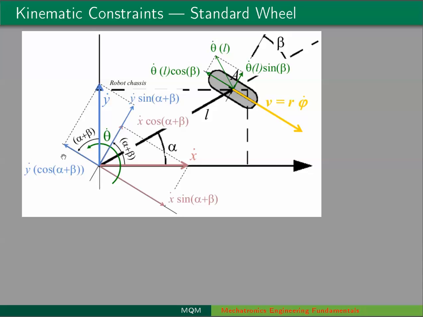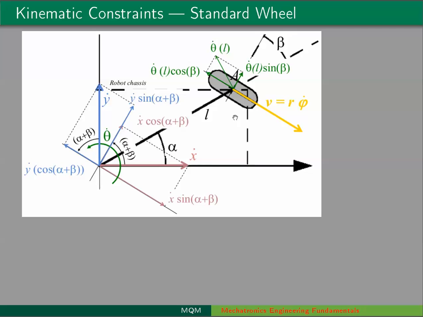We've got this y dot cosine alpha plus beta in the wheel plane direction. And then we have y dot sine alpha plus beta, which is perpendicular to the wheel plane. And then from theta dot, we also have some velocity of this point. So here's theta dot L. We can break that down into parallel and perpendicular components relative to the wheel plane.